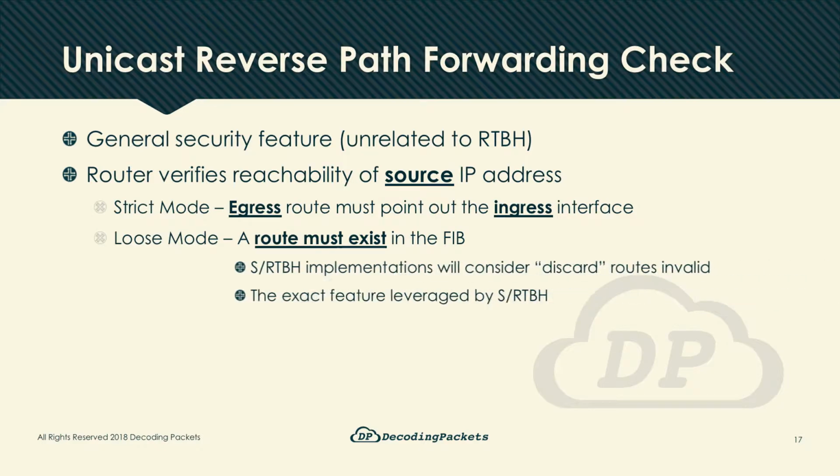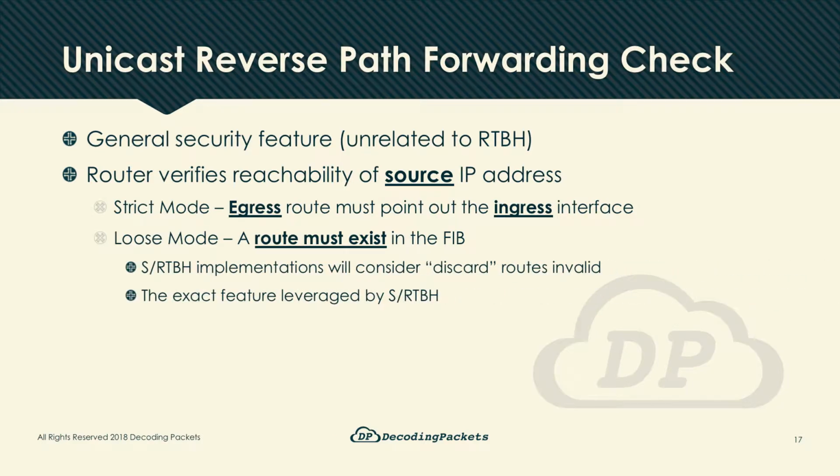Our concern is how loose mode uRPF check treats a source IP lookup that results in a discard route in the FIB. Now, if you've been following so far, you should say, but the loose mode is unconcerned with the egress interface. Only the route must exist. You just said this. Technically, you would be right.